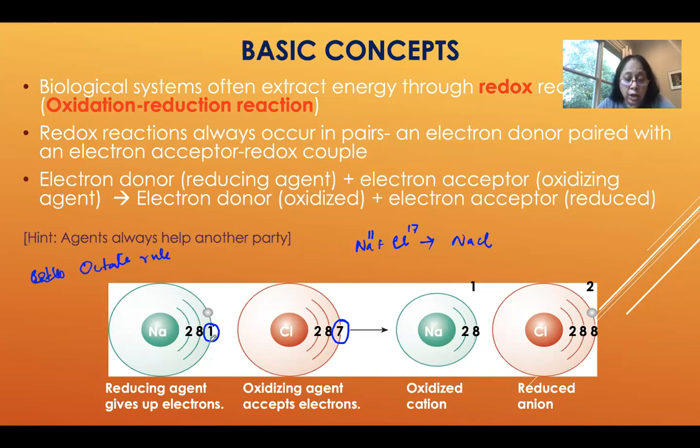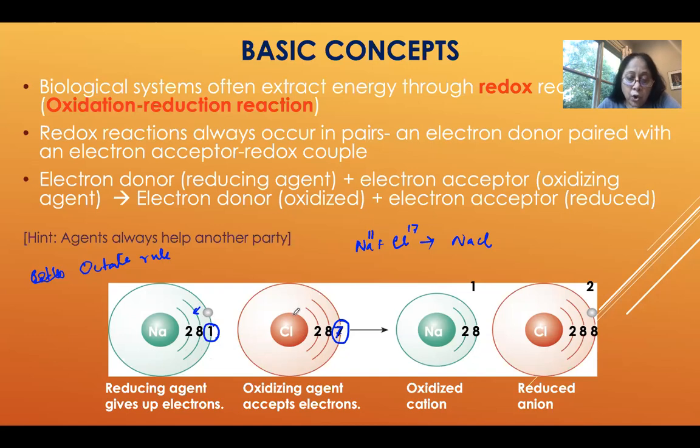electron. So if it donates this 1 electron, then what will happen? Then the next orbit, that is the second orbit, will have 8 electrons, and it will be happy. Okay, it will be fulfilled. Now chlorine's outermost orbit has 7 electrons.